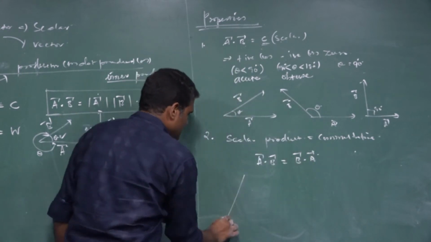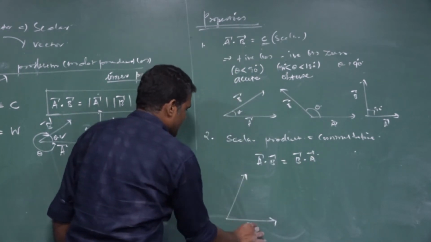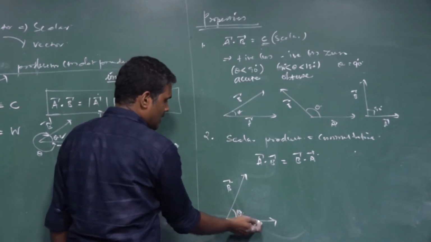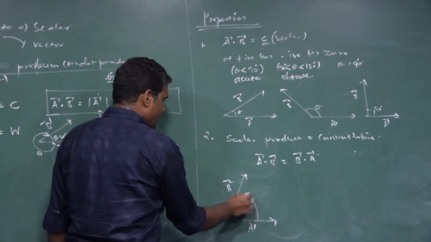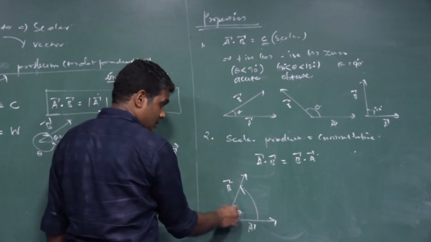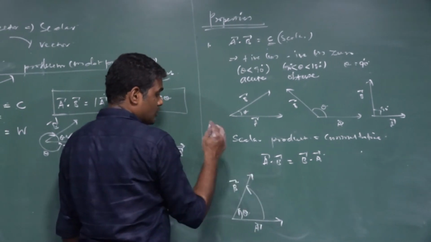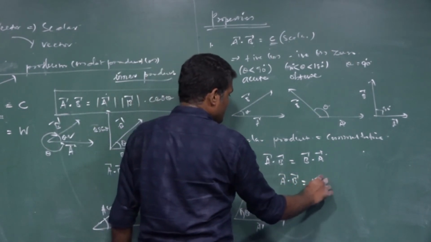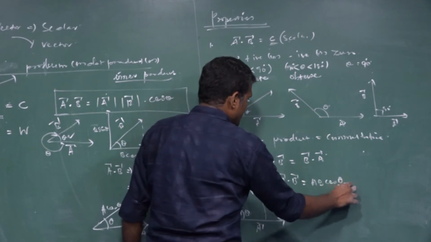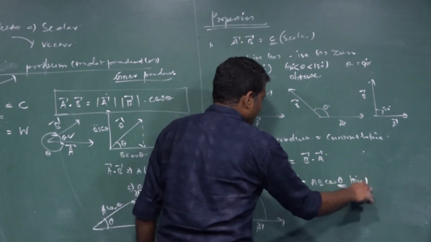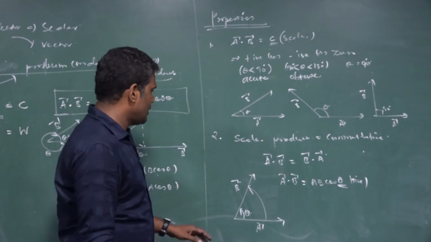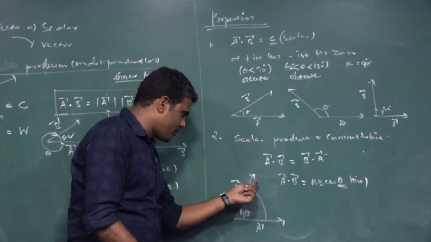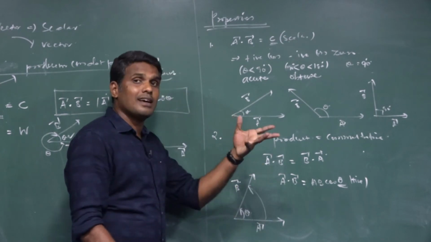We can see here, if the dot product of two vectors a and b is taken, they make some angle theta. From A towards B, I am moving in the anti-clockwise direction. So A vector dot B vector is equal to AB cos theta. Here I consider theta as a positive quantity, because if I am moving in the anti-clockwise direction, I take theta as positive.